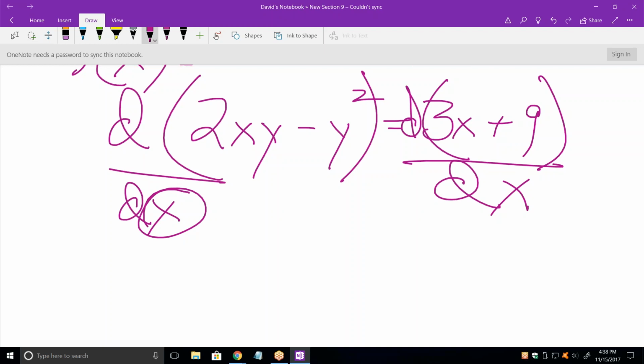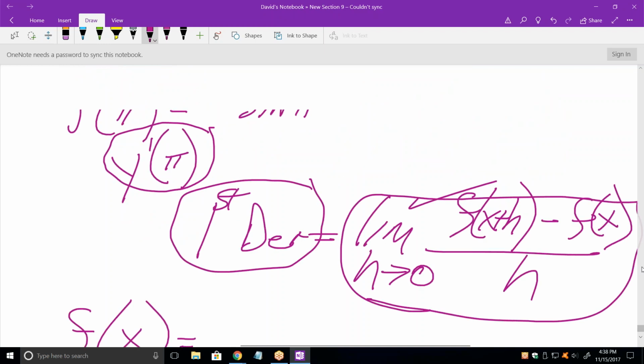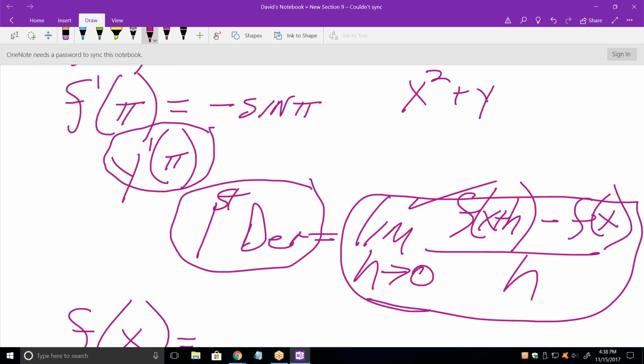Okay. For example, let me give you a little easier one here so that we don't have to worry about the product rule because that can be confusing. Let me scroll up so that I can write it. If I write this function right here, the equation of a circle, okay?